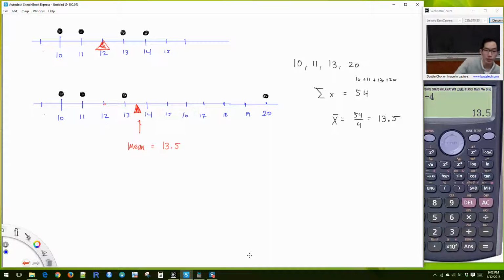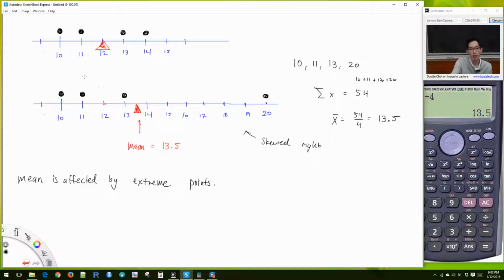And so we say that the mean is affected by extreme points. In this case, the data with 10, 11, 13, and 20 is skewed right.